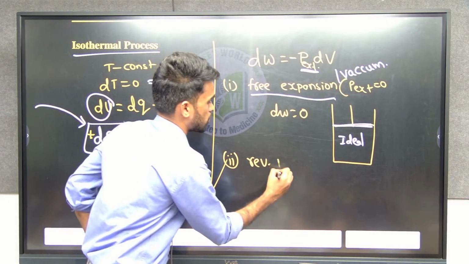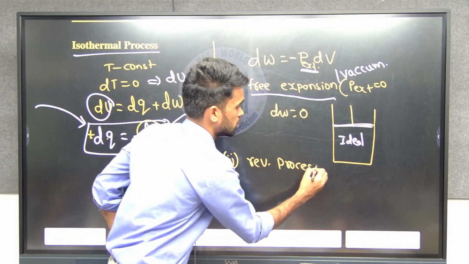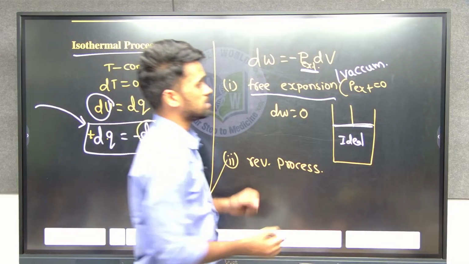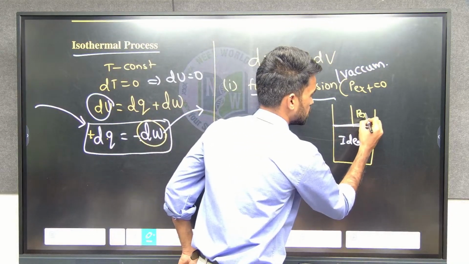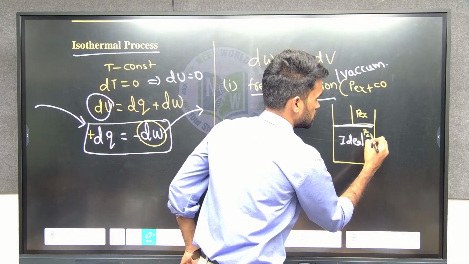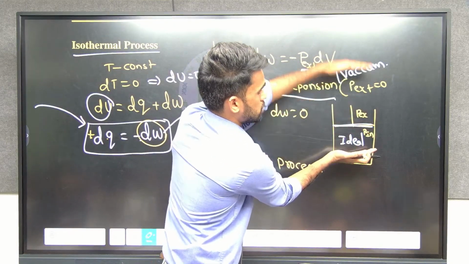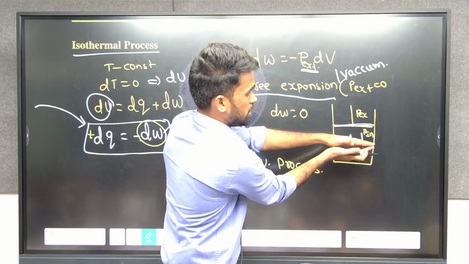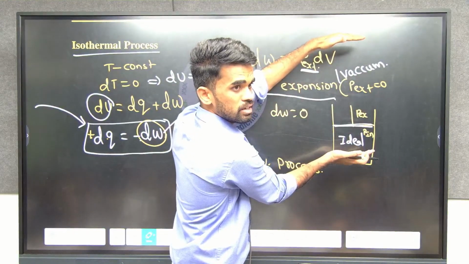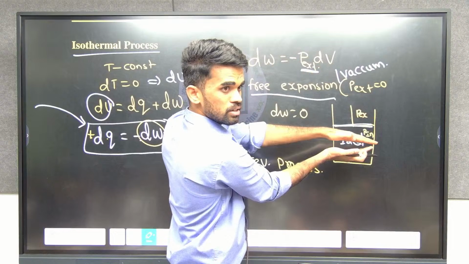Okay, the next one is isothermal reversible process. What is that process? Reversible process means external pressure and internal pressure are almost equal. Expansion or compression means this piston either moves upside or downside. If it is moving upside, we say expansion. Moving downside, compression.